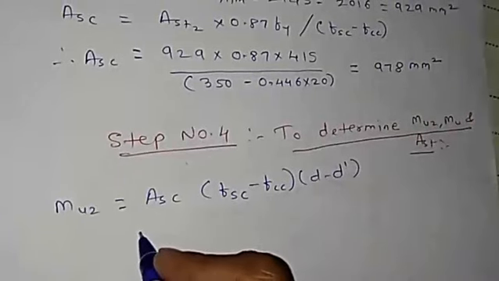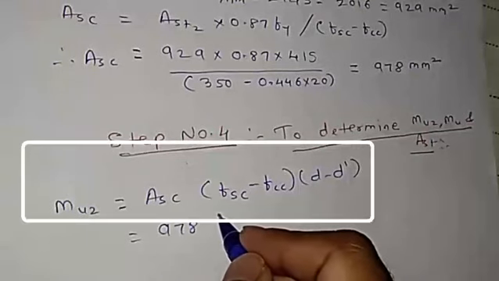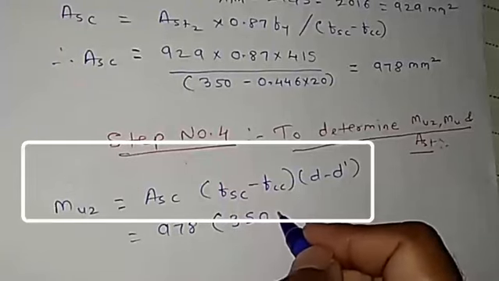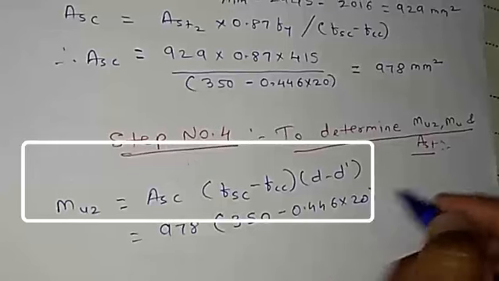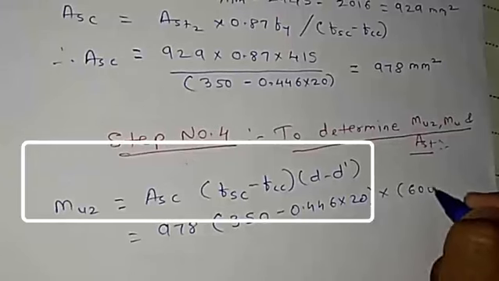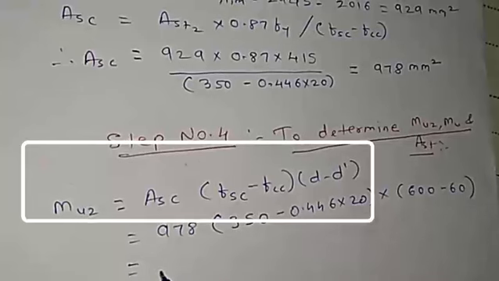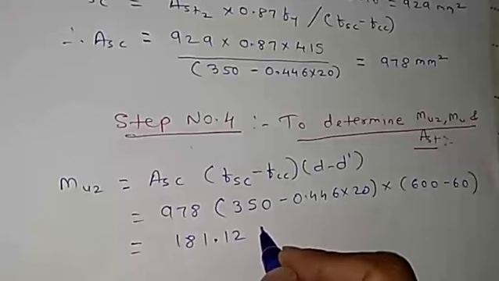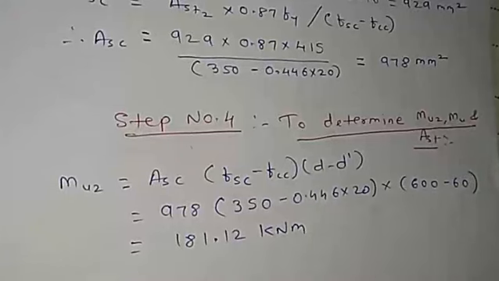So Asc we got 978 multiplied by 350 minus 0.446 into 20. d is already known, 600 minus cover d dash. So if you calculate this, you will get around 181.12 kilonewton meter. So that is the Mu2.